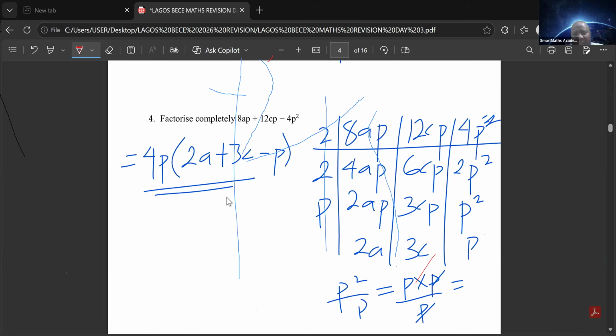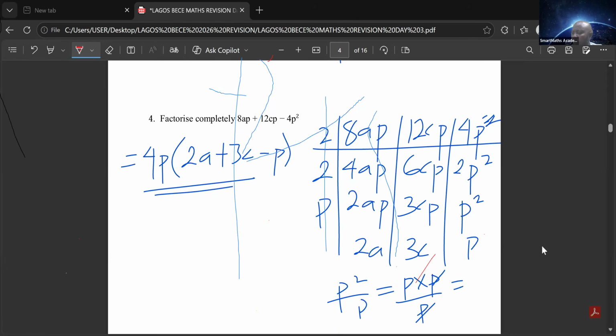What number can divide 8, 12, and 4? That is 2. Then you go to the next number that can divide 4, 6, and 2. That is 2 again. Then you continue like that until there's nothing that can divide them again. Maybe you were not paying attention when I was explaining it. Okay, let's go to the next person.